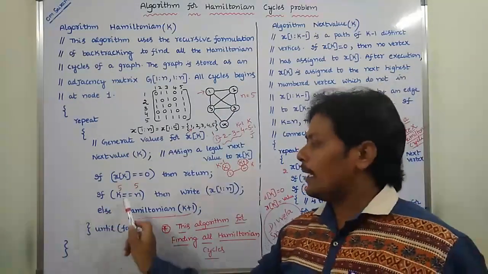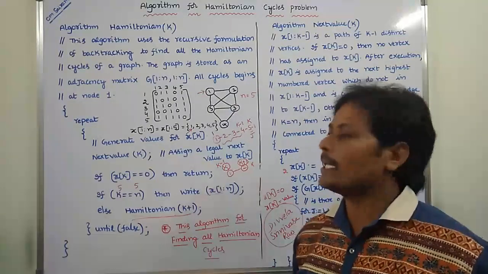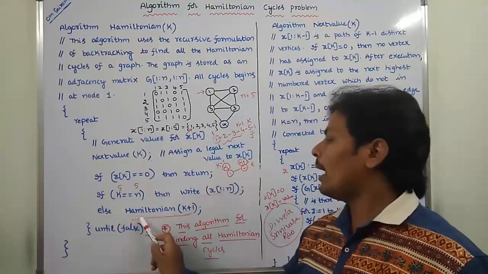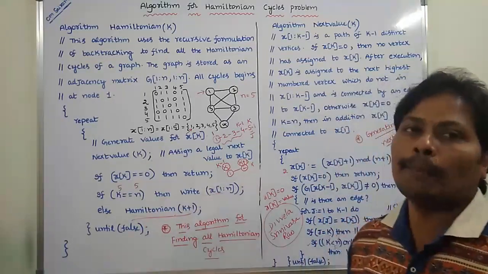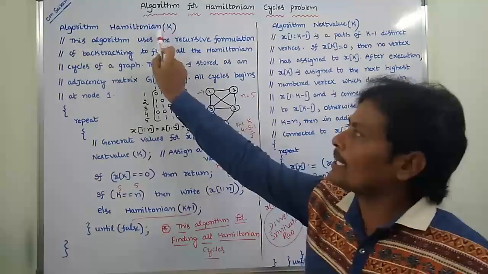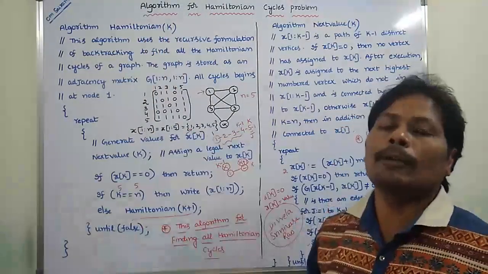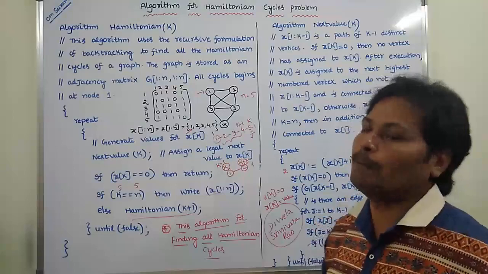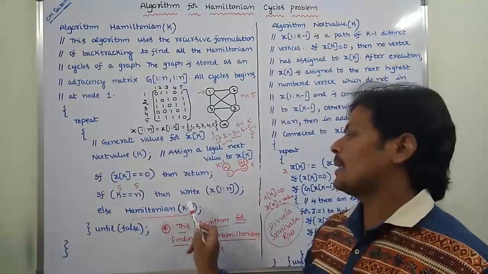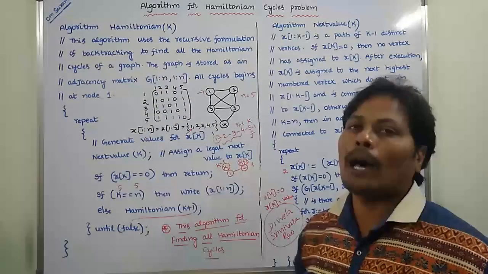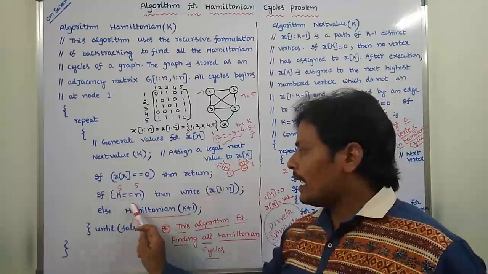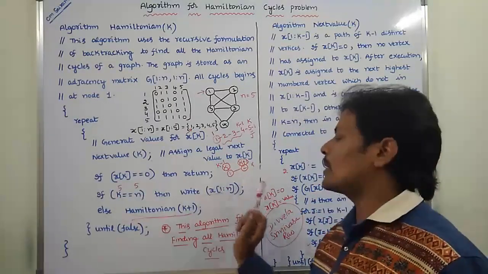Else, if k is equal to n is false, then go to the else part, Hamiltonian of k plus 1. Again this function is called here with k equal to k plus 1. The same function is called again, so this is a recursive algorithm. If the condition is true, then write the solution vector.